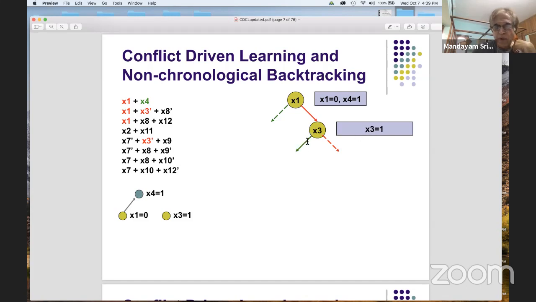Then I'm exploring this part of the search tree. So this is pretty much a binary search tree. When I make x3 go to 1, after that I apply BCP, which simplifies these two clauses in which the x3 variable appears in some literal.